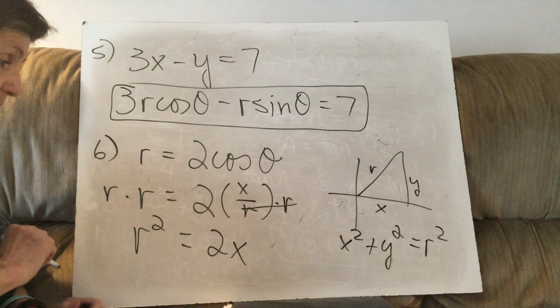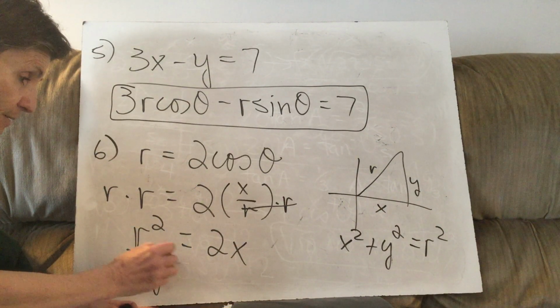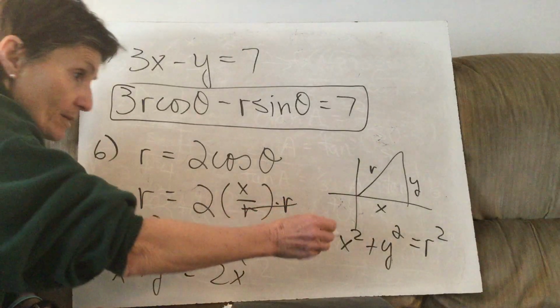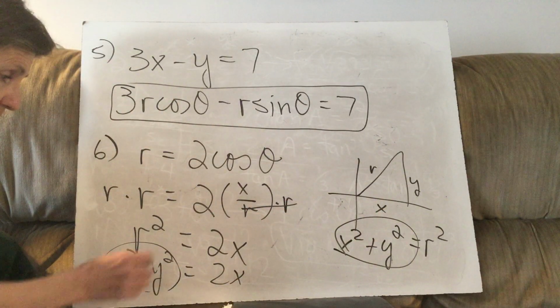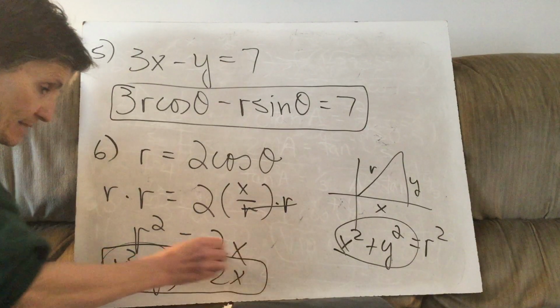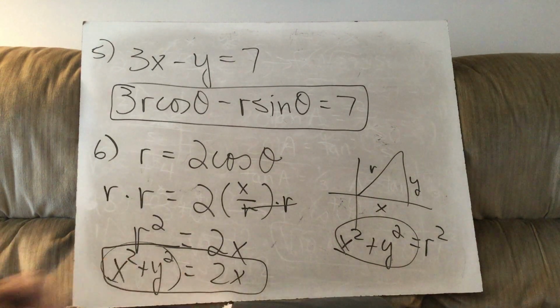So I'm going to substitute in x squared plus y squared in place of the r squared. This gets substituted in right here, and this is the answer to the question. This is your rectangular equation. Notice the variables are all x's and y's.